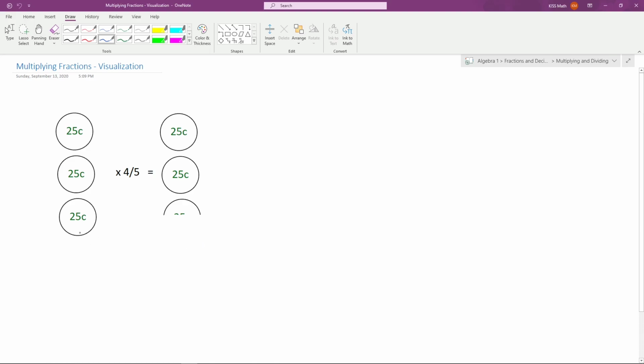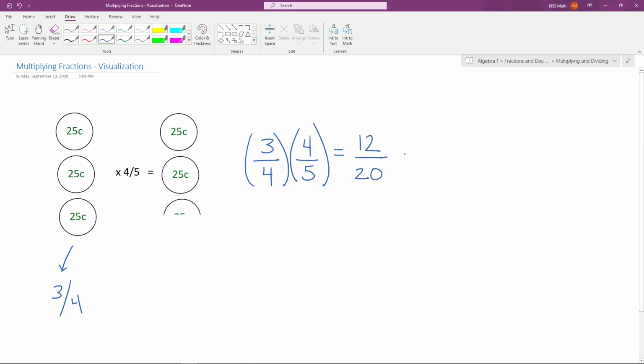Well, we said that 3/4 is the same as 3/4 of a dollar. And we also just calculated that 3/4 times 4/5 was the same as 12 over 20, which when we reduced that became 3/5.